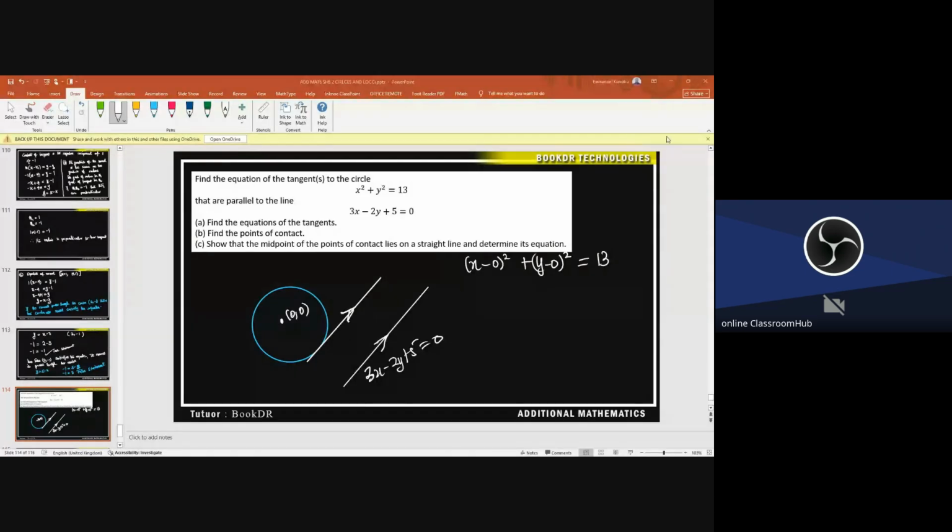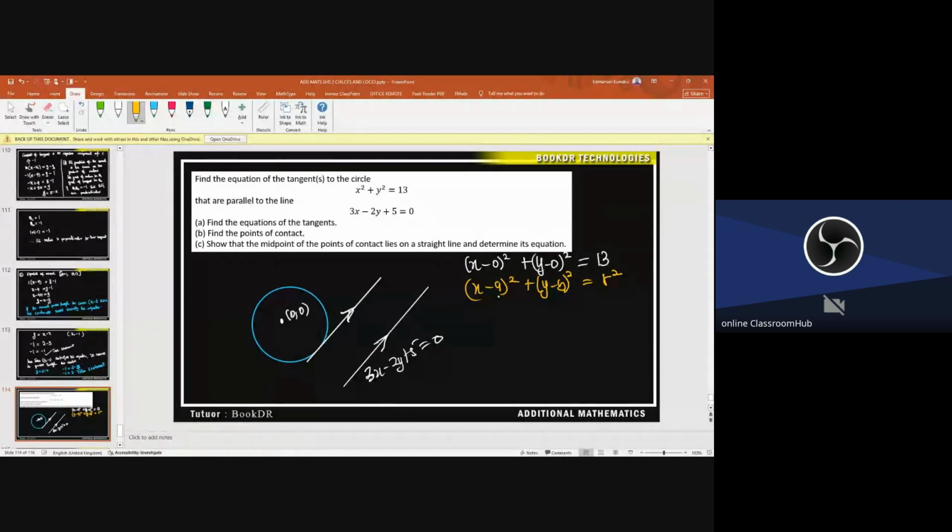It's all coming from the fact that we can express this and compare it to the standard form for the equation of a circle. In the standard form, we have x minus a, all squared, plus y minus b, all squared, is equal to what? r squared.